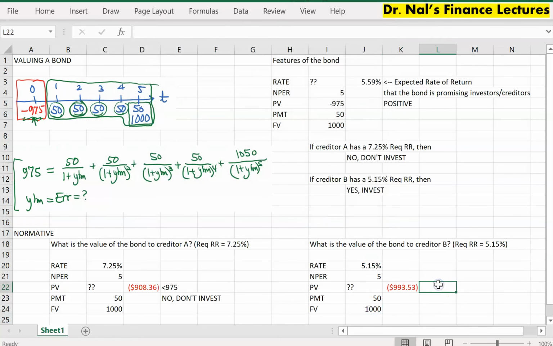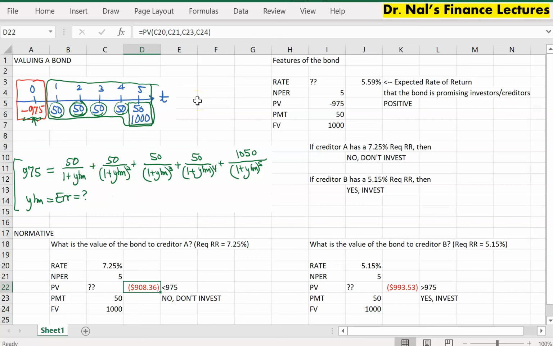Because this number is in excess of $975, the market price, this investor is willing to spend up to $993. This is how much he values that security. So the answer is yes, invest. Creditor B says yes, invest, simply because he or she values the bond higher than what the market values. And creditor A says no, because he or she thinks that the bond is overpriced.